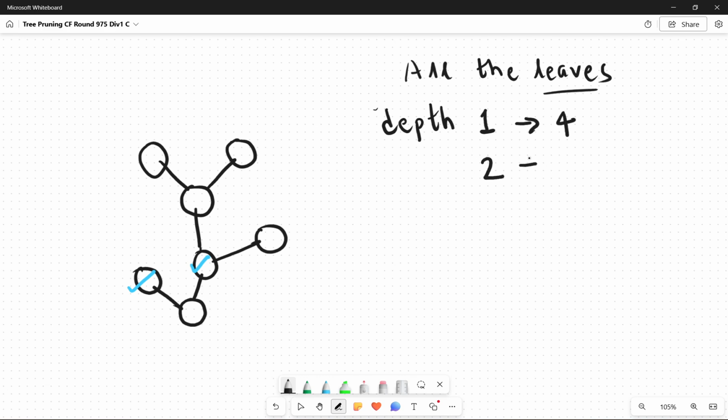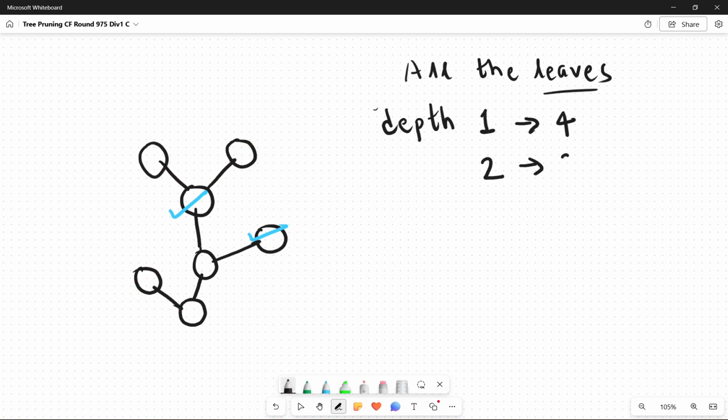What about depth equal to 2? For depth equal to 2, you can notice that this node and this node should remain, right? So you will be deleting this vertex and this node, this vertex and this node, this vertex and this node.